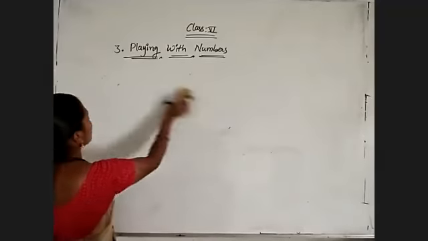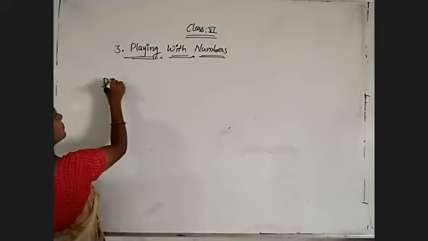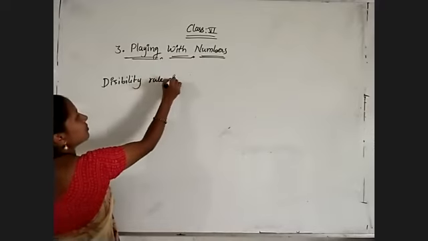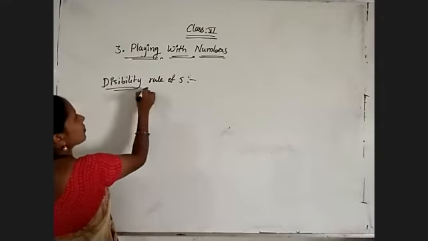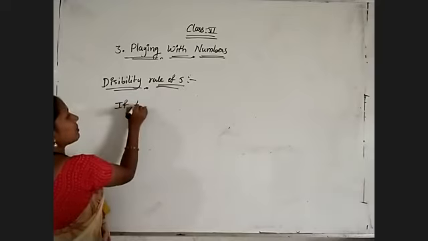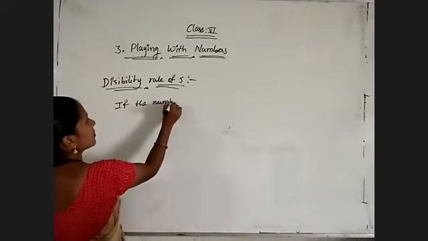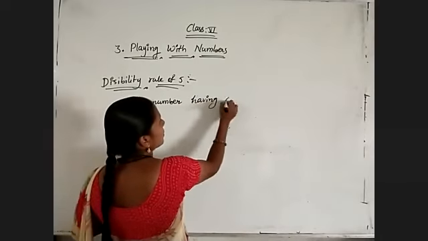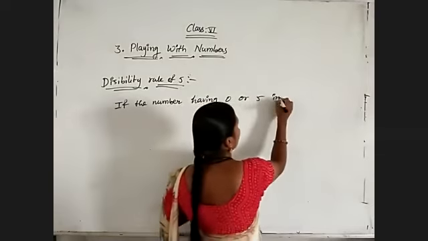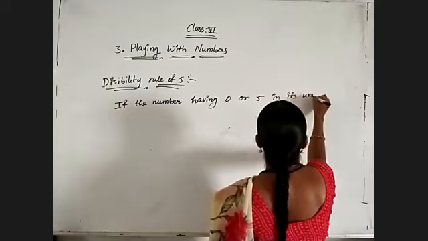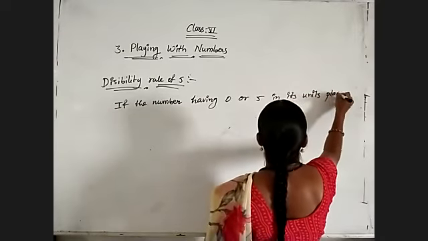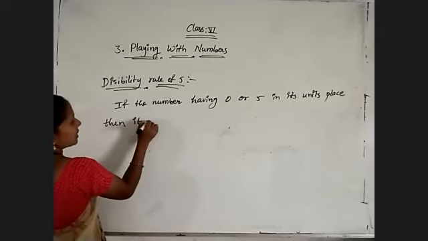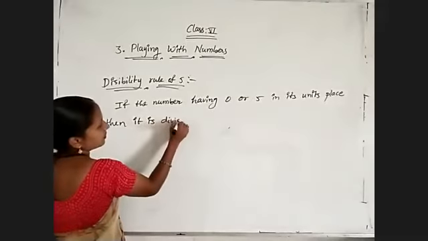So, divisibility rule of 5. If the number has 0 or 5 in its unit place, then it is divisible by 5.